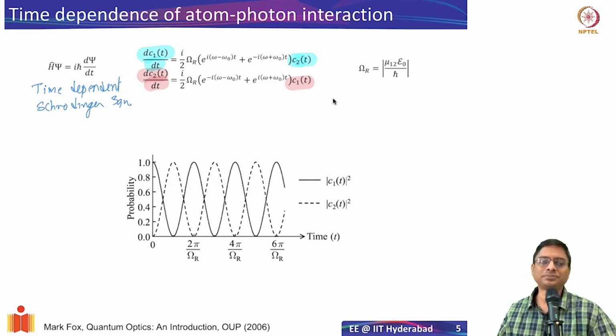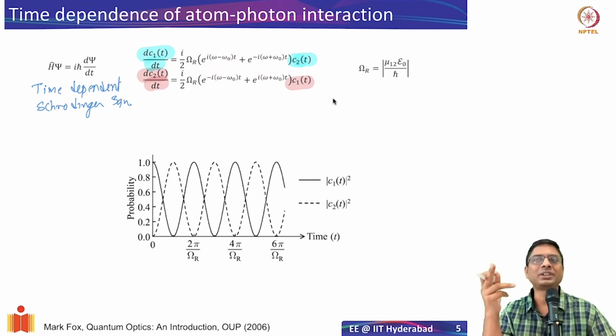For example, what is the rate of change of population in, let's say, C1? In classical situations, that is the decay, right? If you look at it classically, C1 squared is going to be N1 by N0, so N1 is going to depend only on exponential minus t by tau.